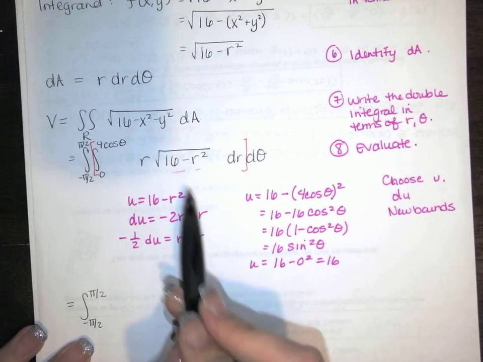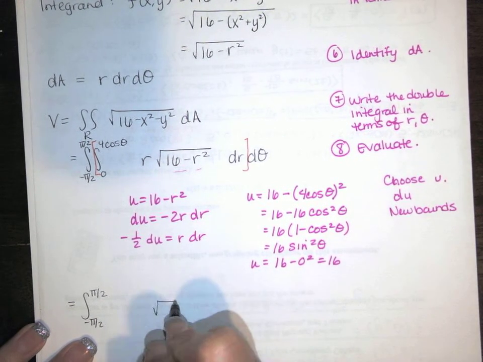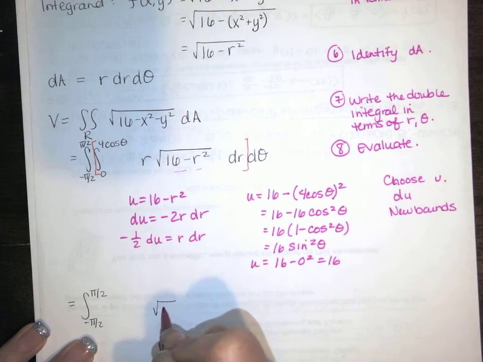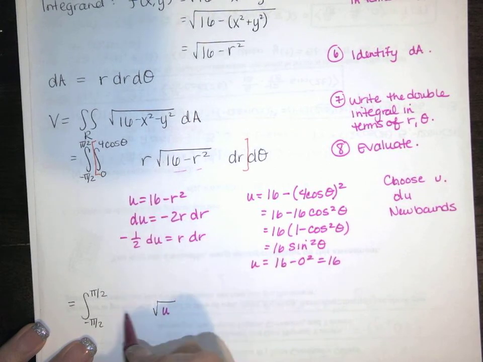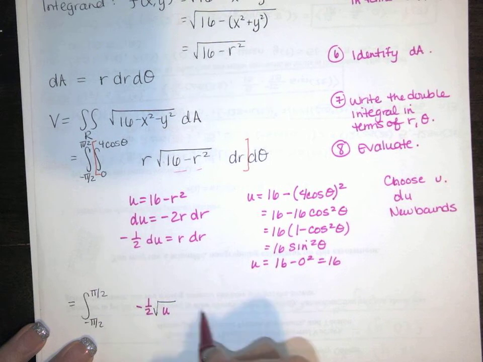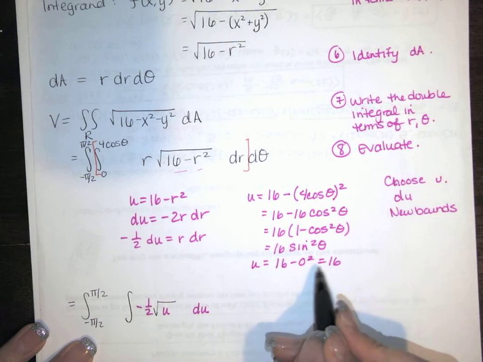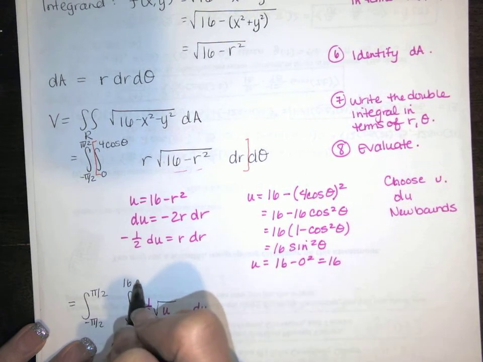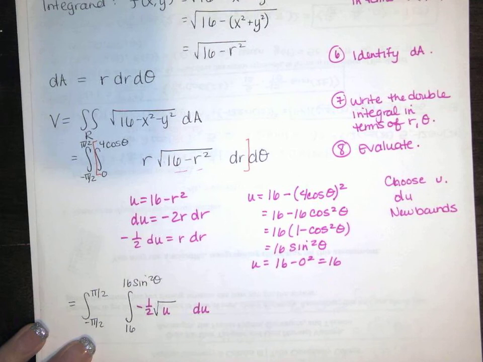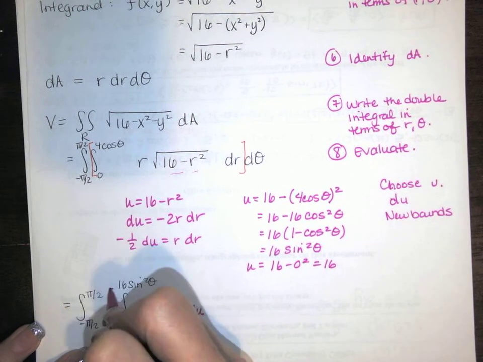Okay, so this is the square root of U. And r dr turns out to be negative 1/2 du. And then we'll have the integral from the new lower bound, which is 16, to the new upper bound, which is 16 times sine squared theta. And that's our innermost integral.